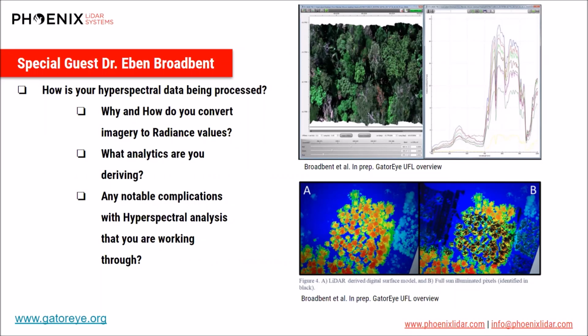And unfortunately, the models to model out shade that happens down at the ecosystem level are not fully advanced to be ready to go. It's extremely challenging. So the easiest thing you can do in order to get useful data is identify what areas are fully sun illuminated.